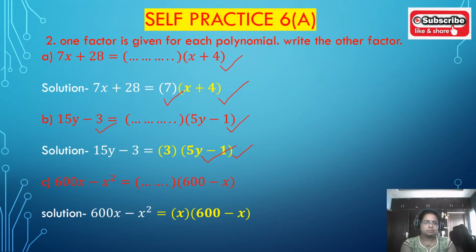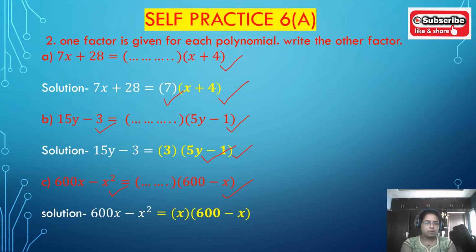C. 600x minus x square equal to dash multiplied with 600 minus x. 600 multiplied with x is 600x, and x square is x multiplied with x. x multiplied with x is x square. So here x is the common factor.